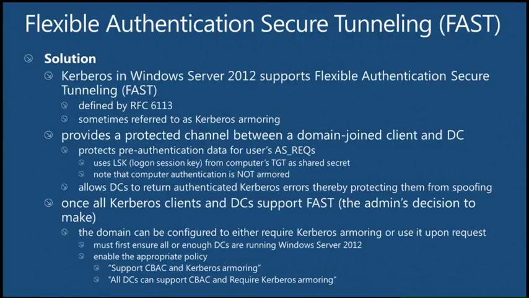Now, this provides a protected channel between the client and the KDC in terms of being able to get a service ticket. So think of this as channel binding with your computer's shared secret, so that on a domain joined machine, the communications between the KDC client and the KDC server is even more secure.